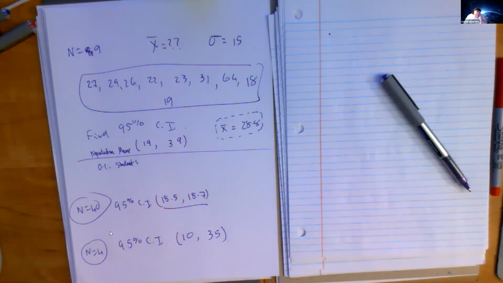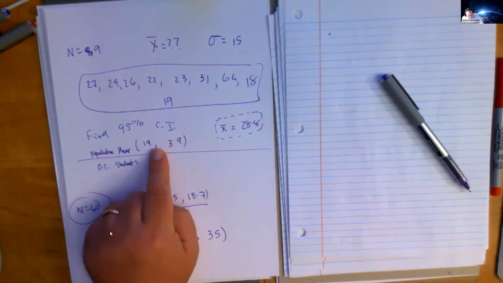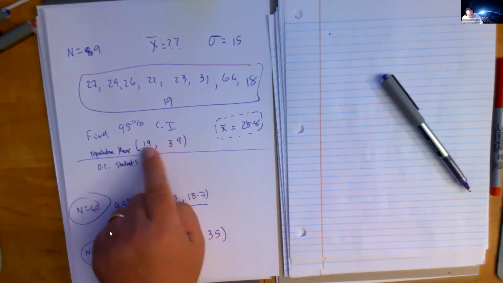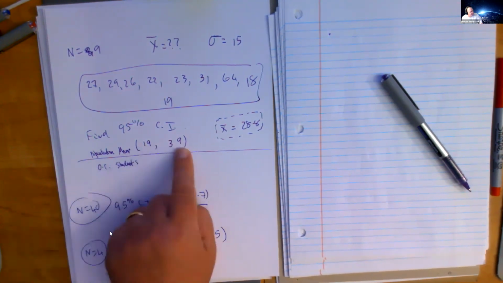I could, for instance, if I return back to this one here, couldn't we say that not only am I 95% confident that the real answer is somewhere between here and here, couldn't I say with a fair degree of confidence that the answer is bigger than 18? The real answer is bigger than 18. Why? Well, aren't all these numbers bigger than 18?